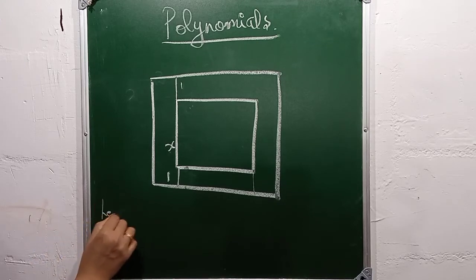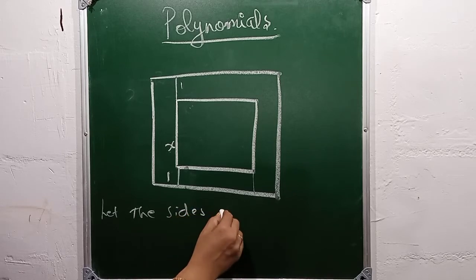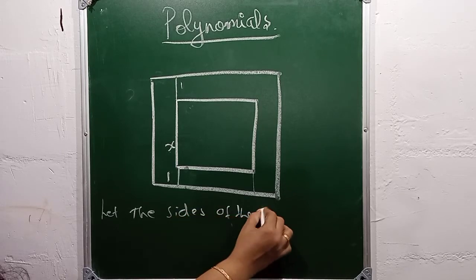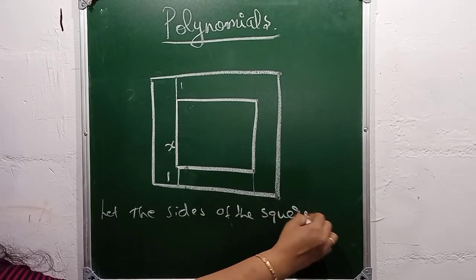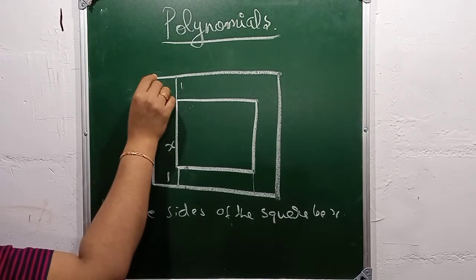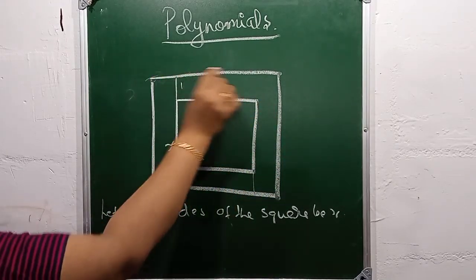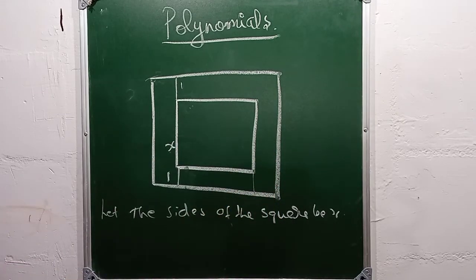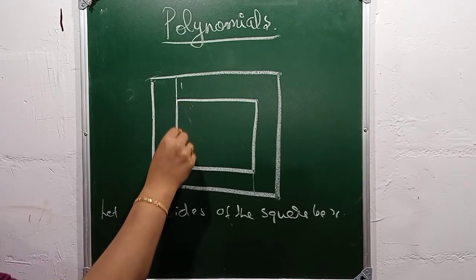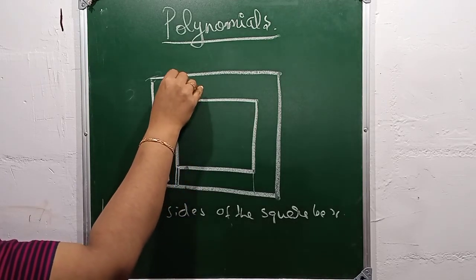Okay, we need to find the relation between the area of the square and the area of the path. So let the sides of the square be x. Then what about the sides of the bigger square including the path? See, this length is x and this length is 1 and this one is also equal to 1.